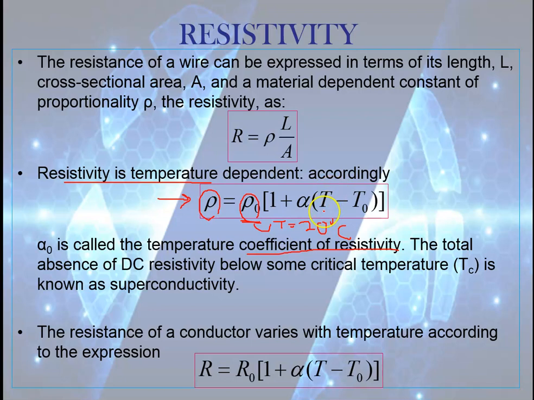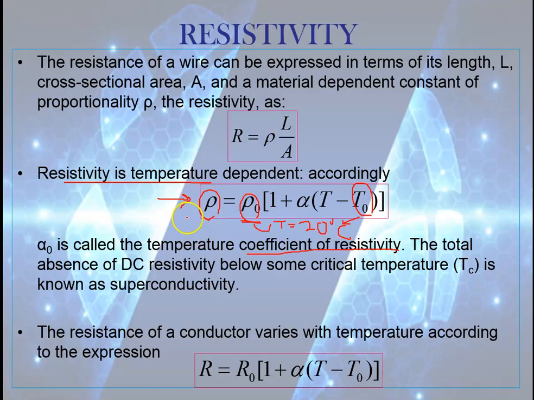Times T minus T naught, where this T naught will usually be 20 degrees Celsius if it is not stated in your questions. But if it is stated in your questions, then just follow the questions. Okay, so this is the relation between my resistivity and the temperature.